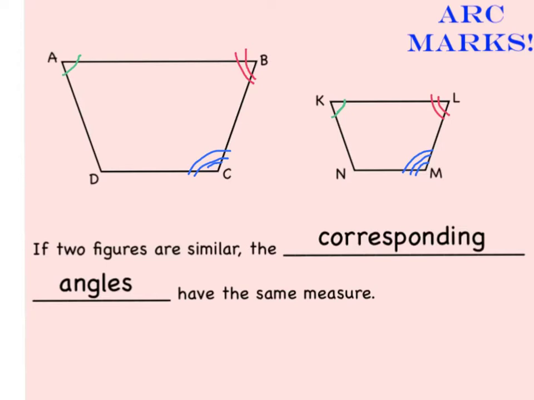All right, and angle D, our last angle, is going to get 4 arc marks, and I'm going to try to squeeze 4 arc marks onto the small figure as well. Now all of our corresponding angles have corresponding or matching arc marks so that I know which angle corresponds to which.